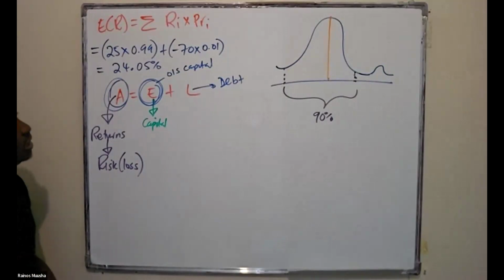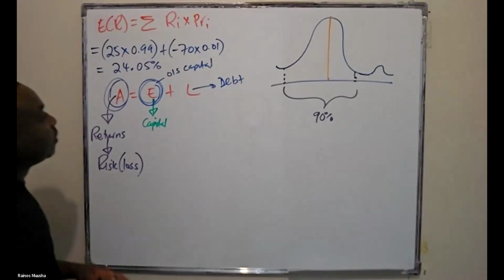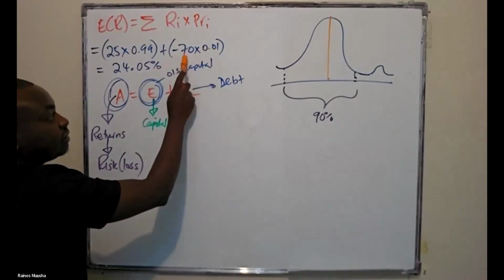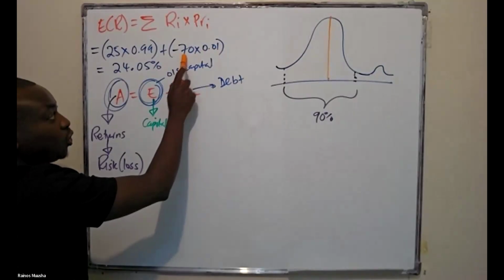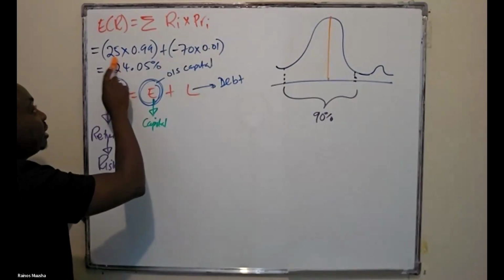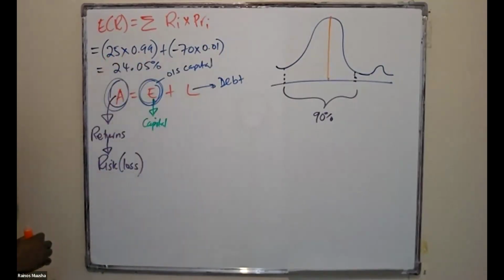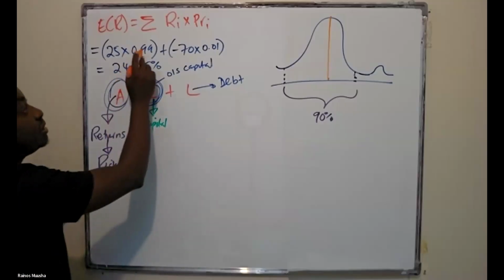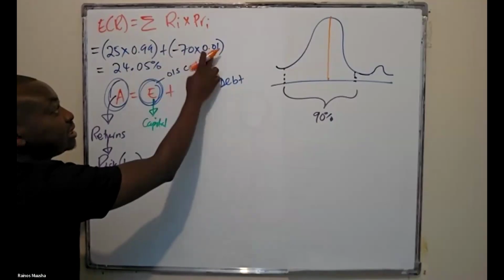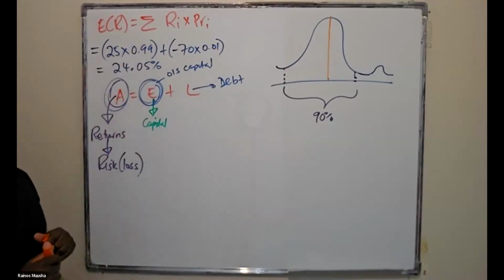But remember, this is based on the assumption that the probability of a 70 million loss in this case is 1%, and the probability of a 25 million gain is 99%. What if we made a mistake in calculating these probabilities?